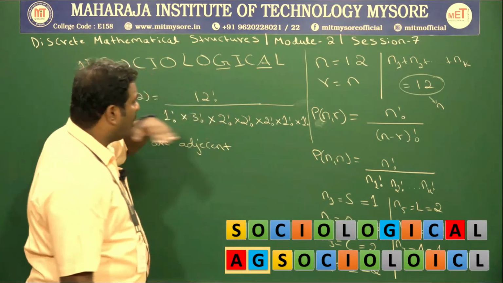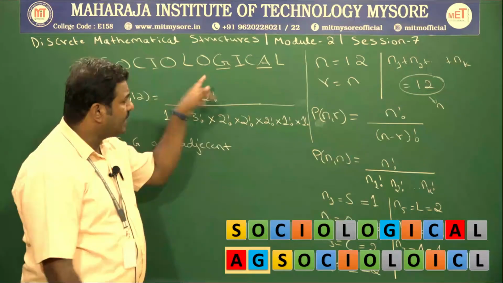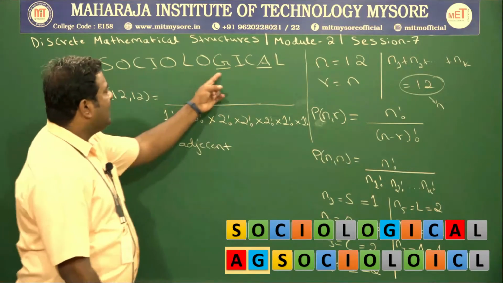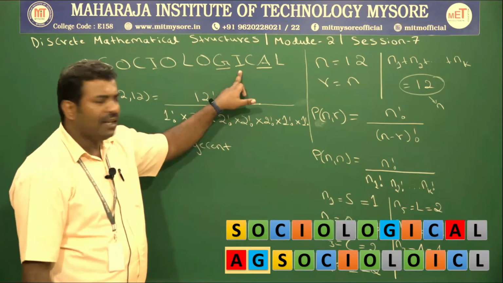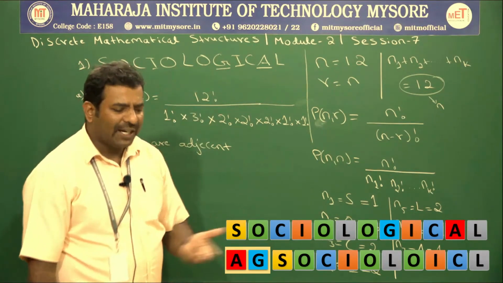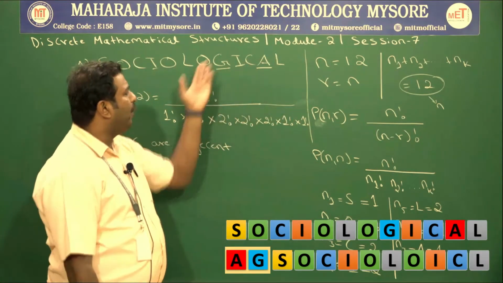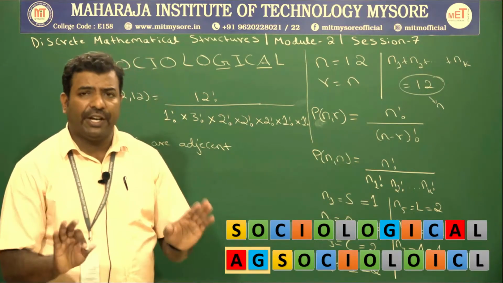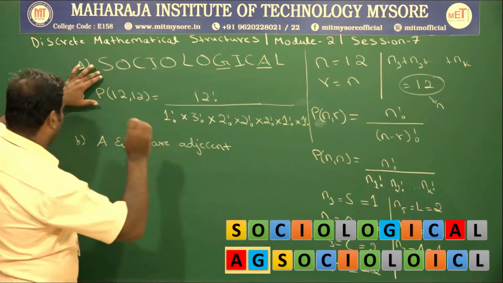Now this current word, whatever you are seeing as one of the arrangements, cannot be part of my solution because G and A are not adjacent, because after G the adjacent letter is I, or before G the adjacent letter is O. Hence when I say adjacent, either A should be next to G or A should be before G, or I am going to have arrangements again with G and E. But right now let's not think about all those things, let me just write it down for you.